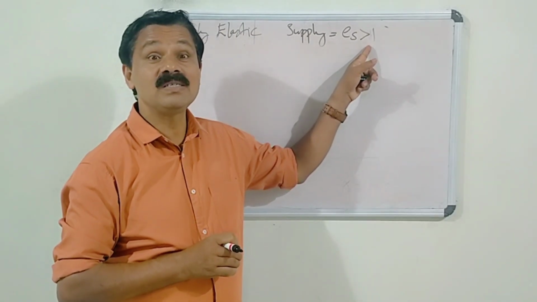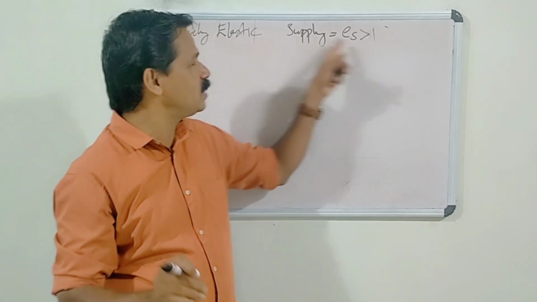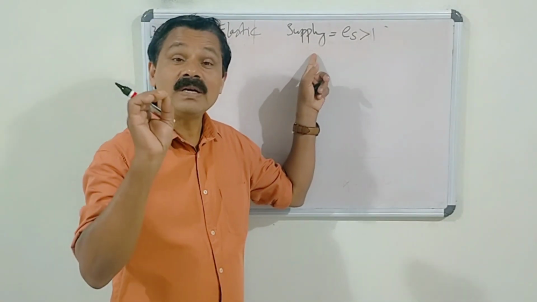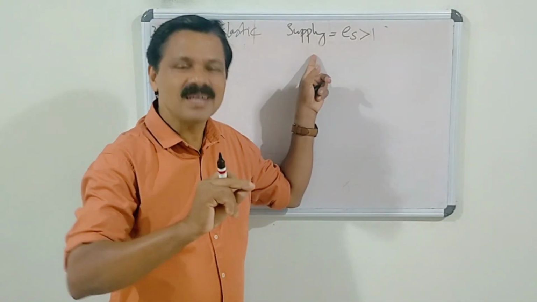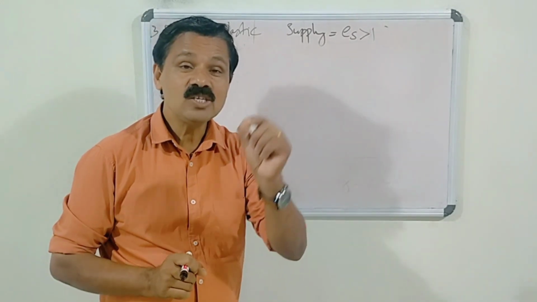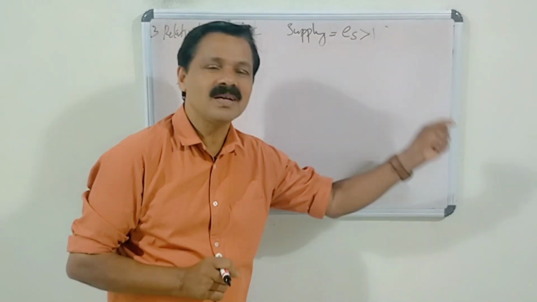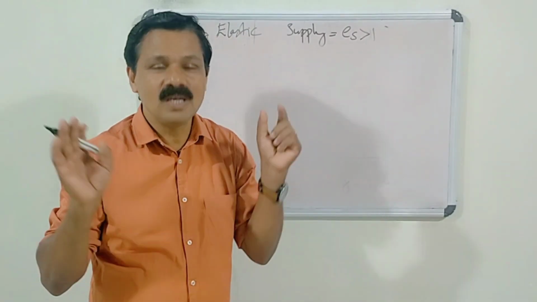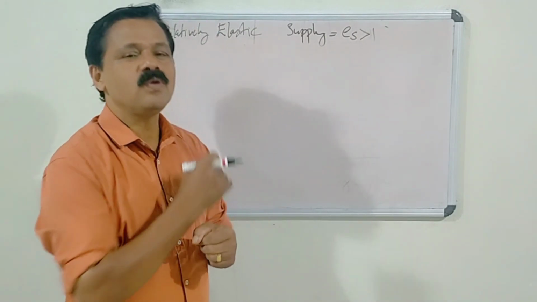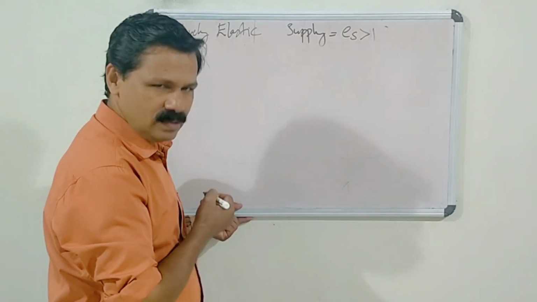If a commodity is facing relatively elastic supply, the value of elasticity is greater than 1. It means that the percentage change in quantity supplied will be greater than the percentage change in price. Just see with the help of a diagram.